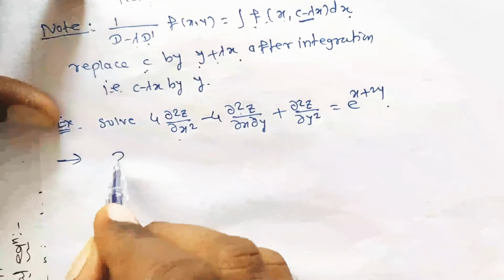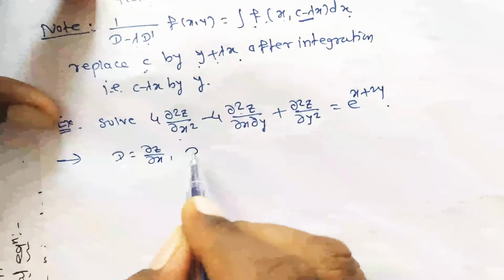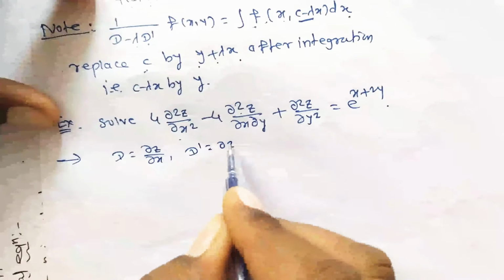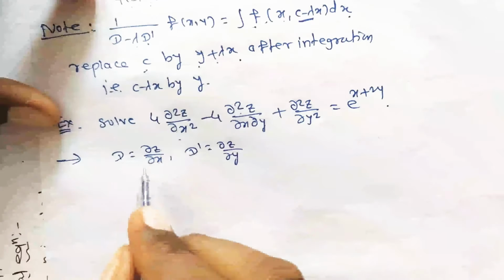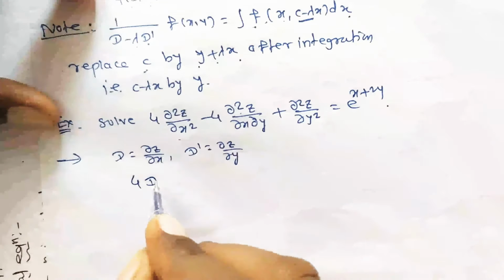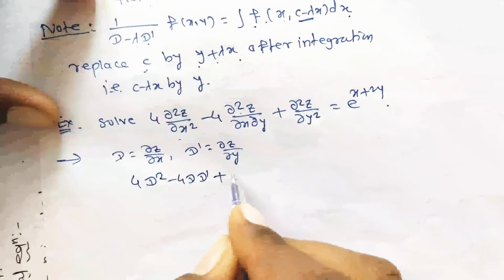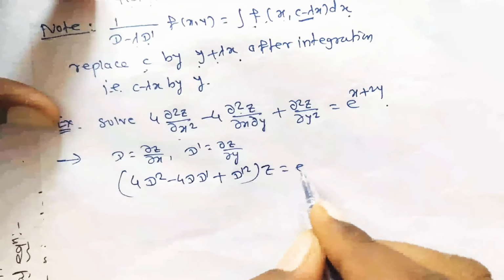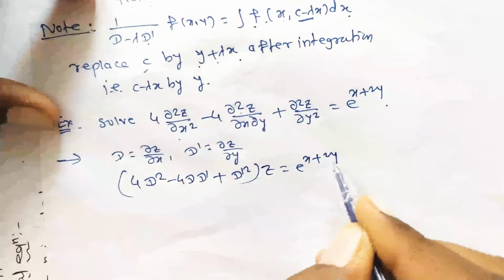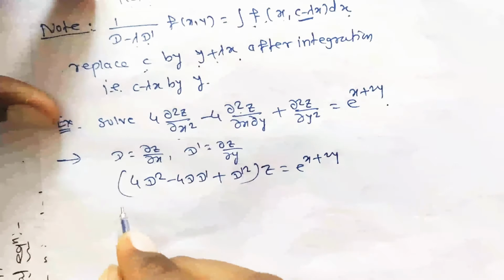First we use capital D equal to ∂z/∂x and D dash equal to ∂z/∂y, and therefore using this, how do we write this given differential equation? This becomes (4D² minus 4DD' plus D'²)z is equal to e to the power x plus 2y.